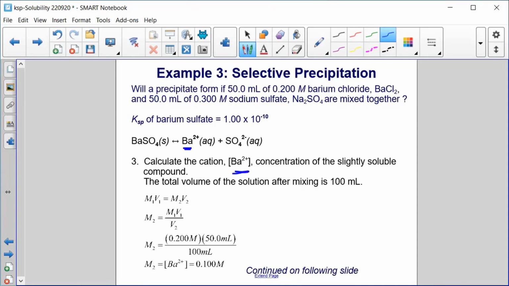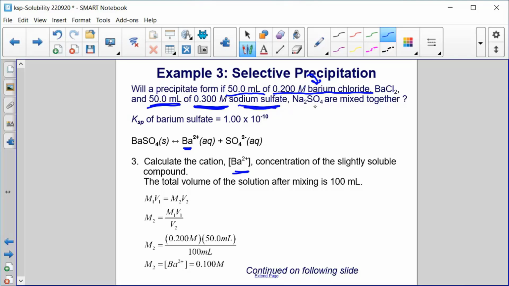So we are given some information. What are we mixing? We're mixing 50 milliliters of 0.2 molar barium chloride. So that would be 0.2 molar barium. Okay. And 50 milliliters of 0.3 molar sodium sulfate. So in terms of our net ionic equation, 0.3 molar sulfate.